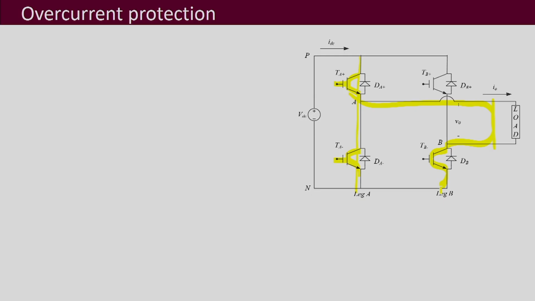Now, how to sense the current? One is that you can put current sensors at different places over here. Hall effect sensors can be put in different places. This is the symbol of the current sensor.